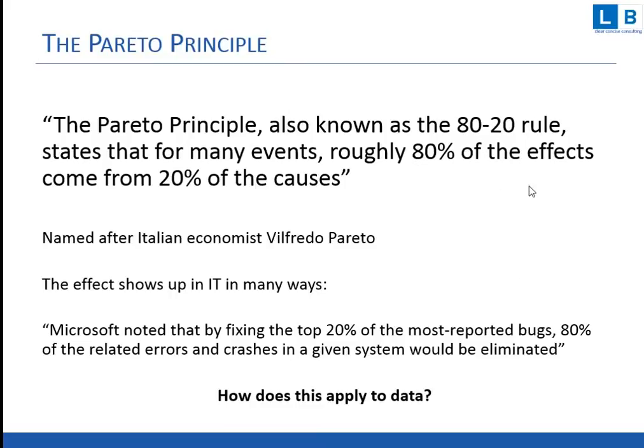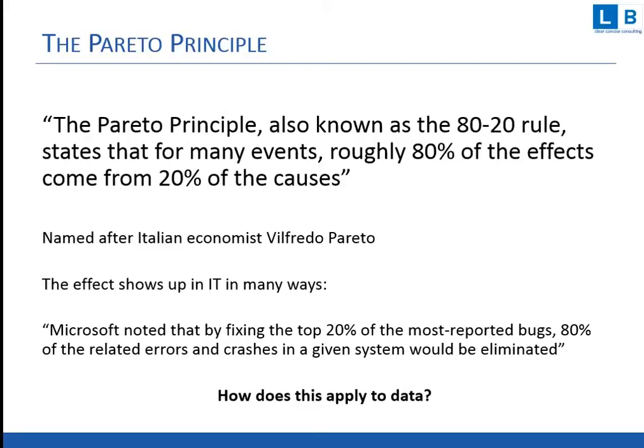Next slide. Thank you. So let's talk about the Pareto principle. This is a principle named after an Italian economist called Vilfredo Pareto, and it's something we are probably all quite familiar with: the idea of the 80-20 rule. It's summed up by the expression you can see there, where roughly 80% of the effects of something come from 20% of the causes.